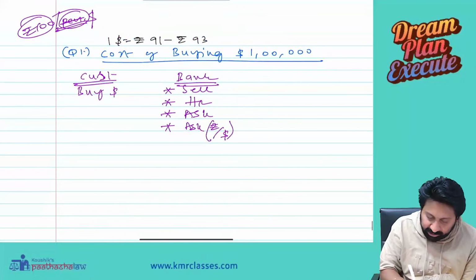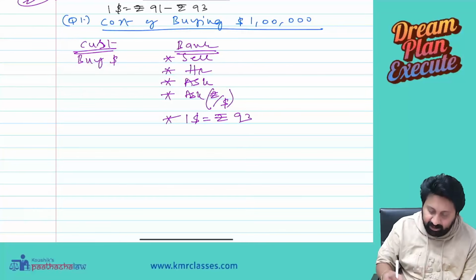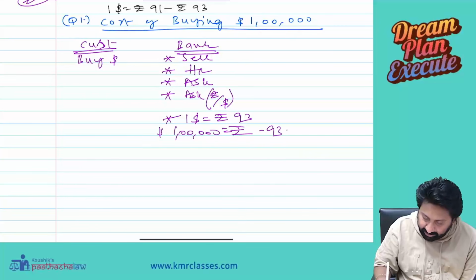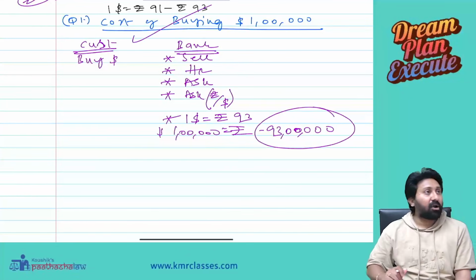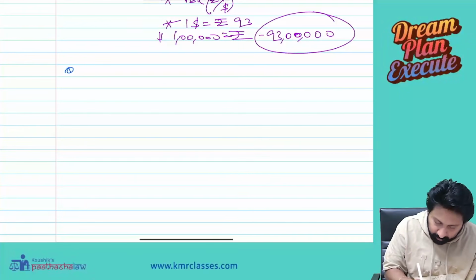In this quotation, ask of rupee by dollar is $1 equal to rupees 93. We want $1 lakh, equal to how many rupees? 93 lakh rupees. This is the answer for the cost of buying $1 lakh. Next, question 2.